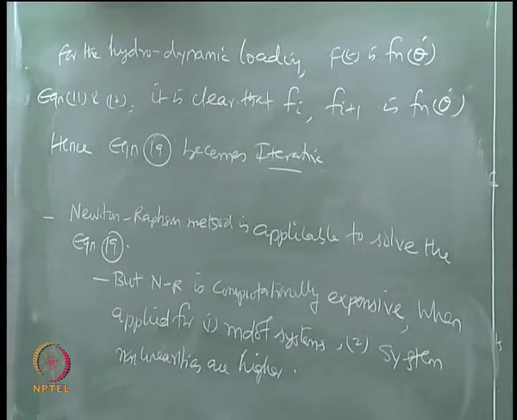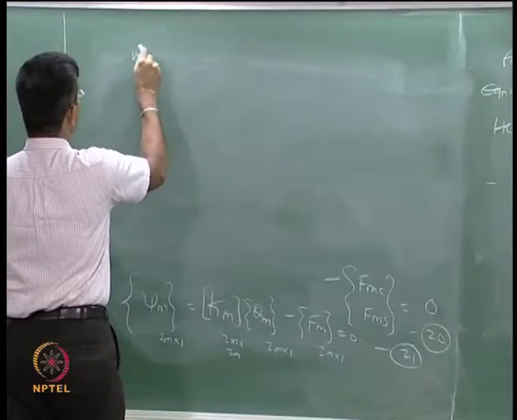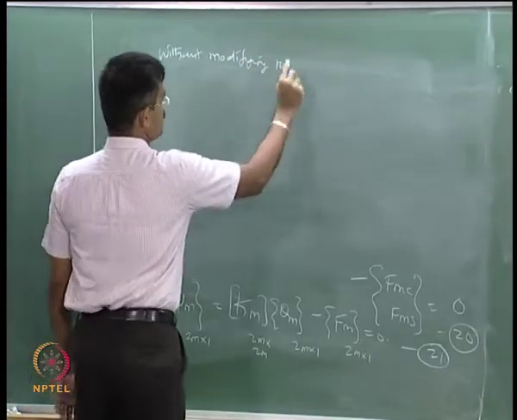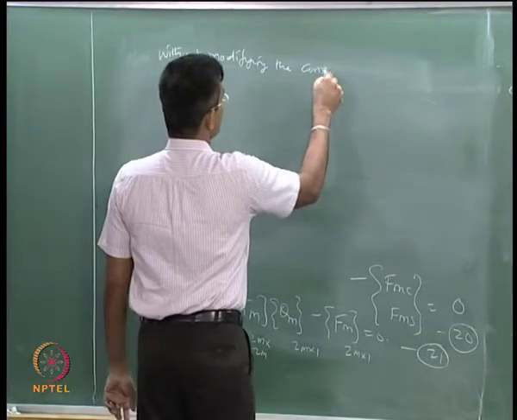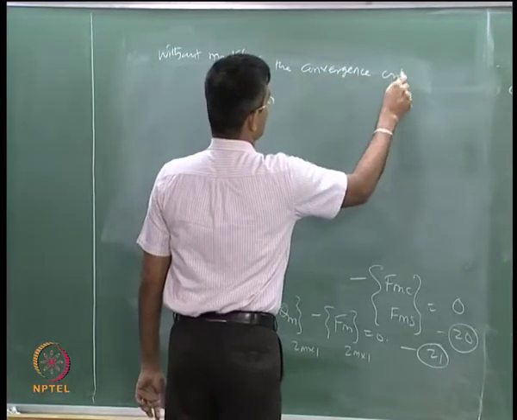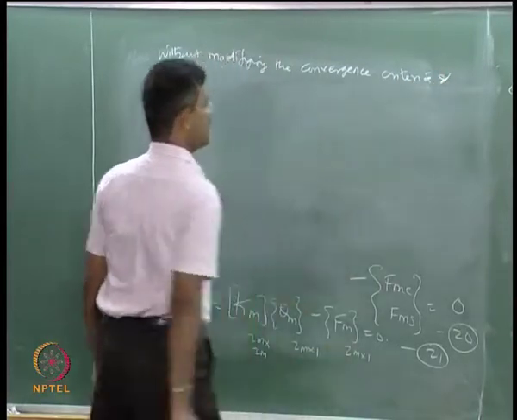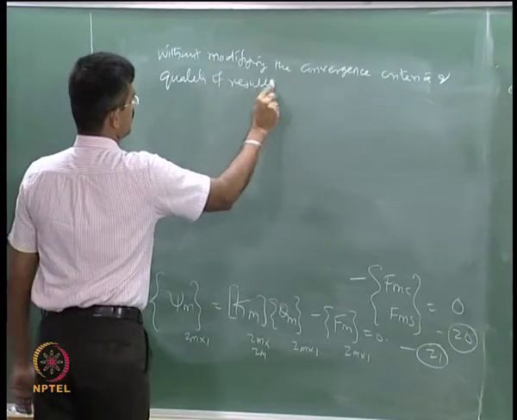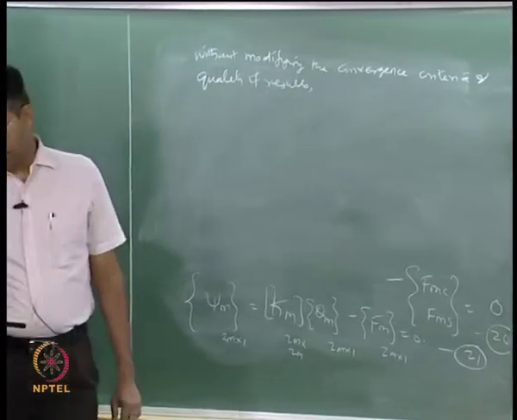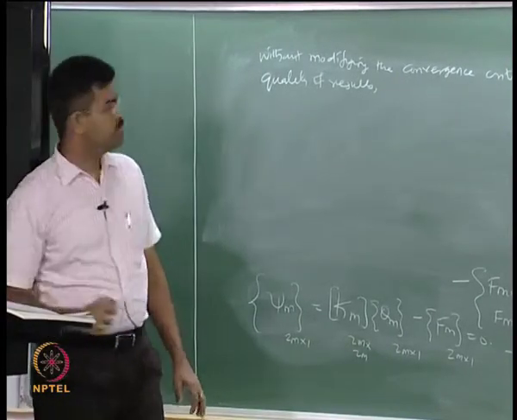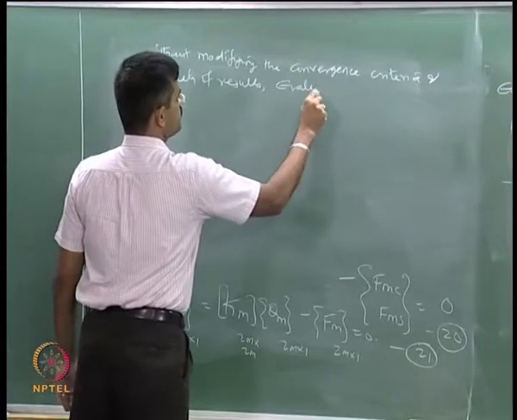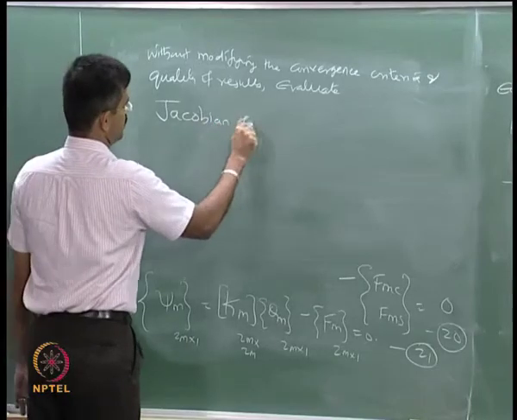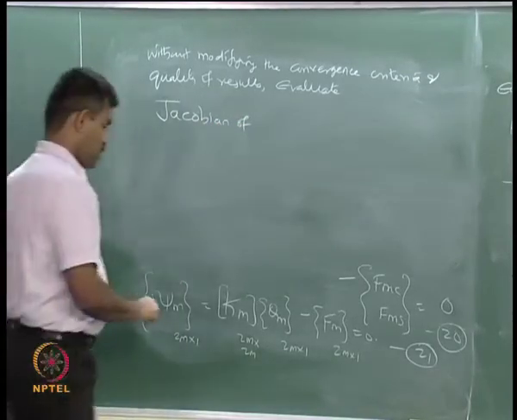So, without modifying the convergence criteria and quality of results, one can evaluate the Jacobian in the NR scheme.